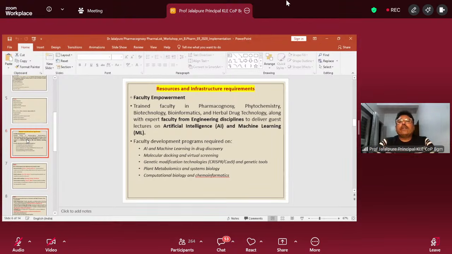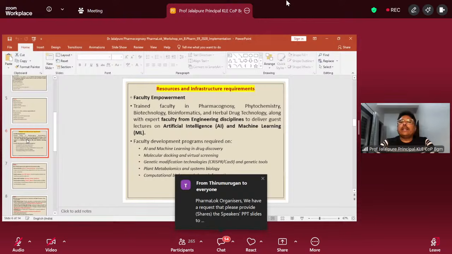So resources and infrastructure are required to fulfill the appropriate implementation of this syllabus. There should be faculty empowerment, because there is a need for trained faculty in the field of pharmacognosy and phytochemistry to teach undergraduate subjects.